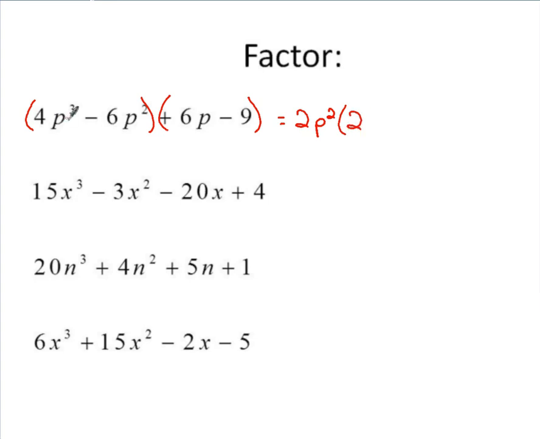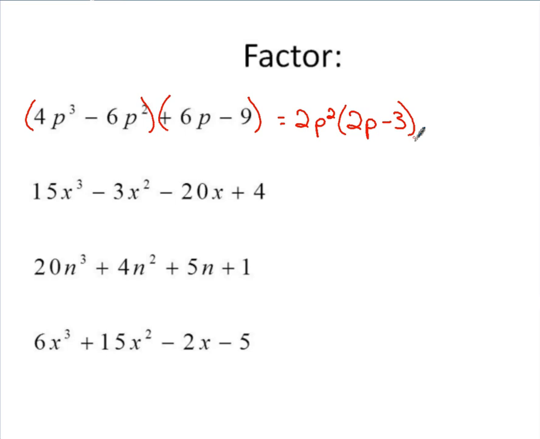Got p cubed to start, but now you've taken 2 p's out, so there's 1 p left. It's minus 2 goes into 6 3 times. You took 2 p's out from this one, right? So there's no p's left. That's the factorization for this first part of the grouping.